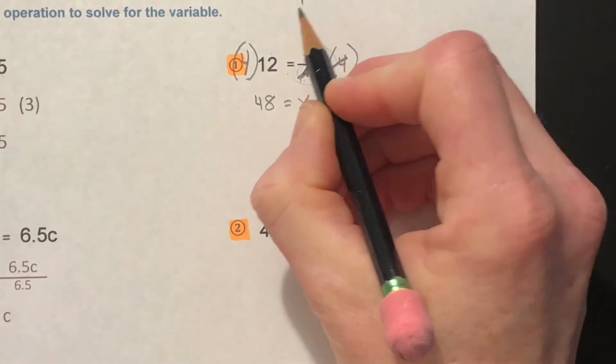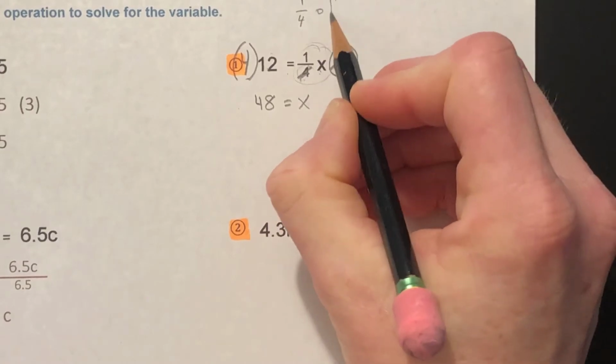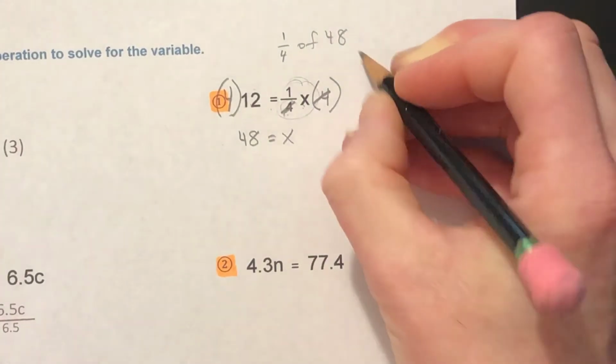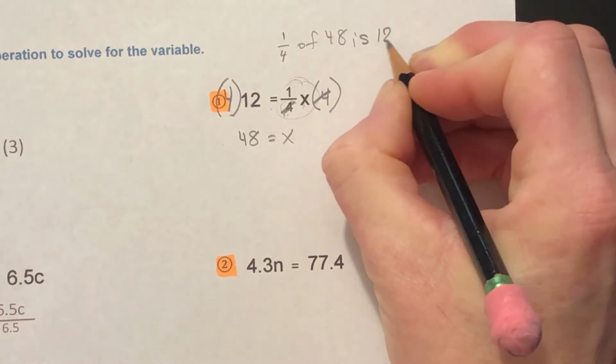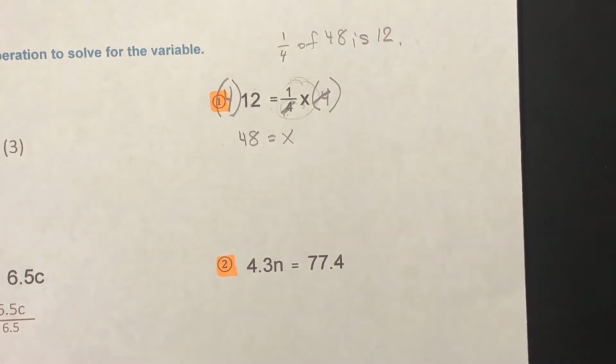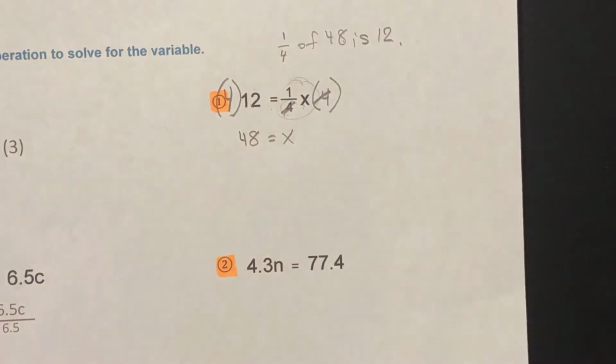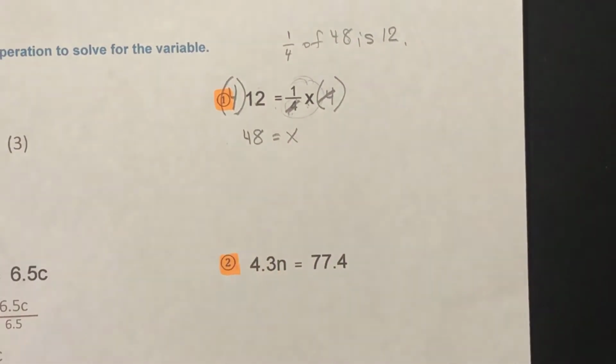Is this true? 1/4 of 48 is 12. Is that true? Yes. 1/4 of 48 is indeed 12. So we know that equation is correct.